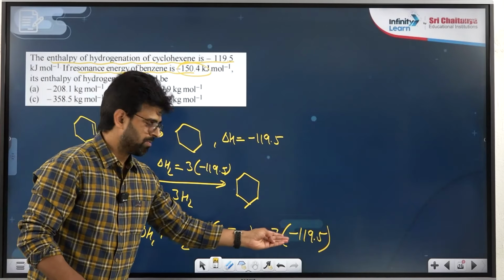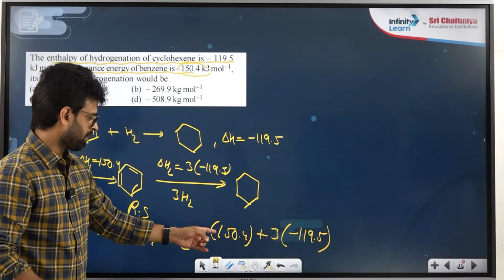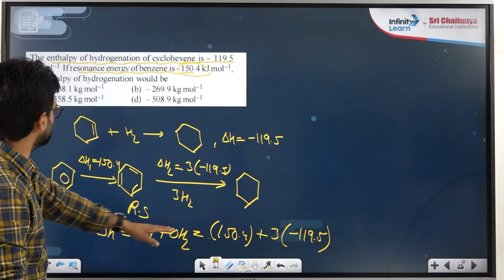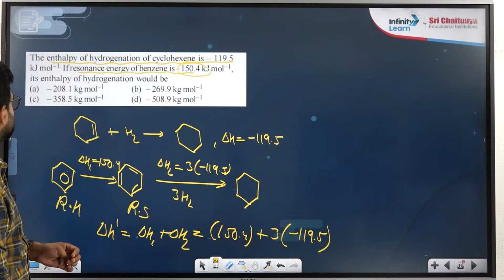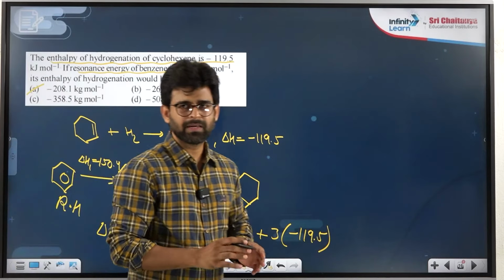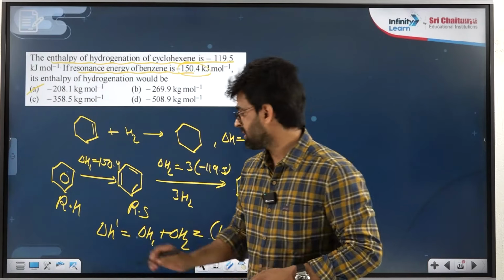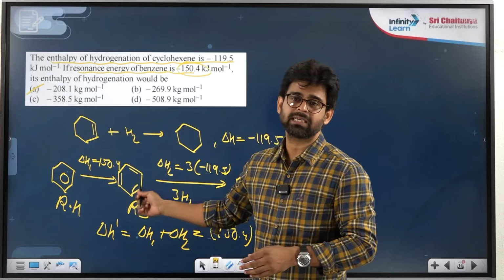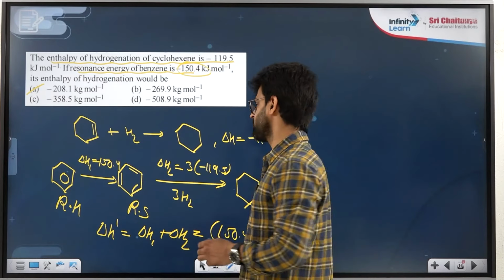So from here almost minus 360, from here almost plus 150. So if you solve this, definitely something like minus 20 should come. Clear? You can solve this. But be careful, this is benzene, this is a hypothetical resonating structure. Okay. Right. Good.